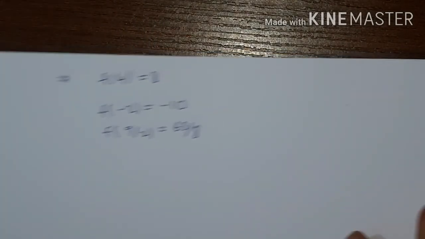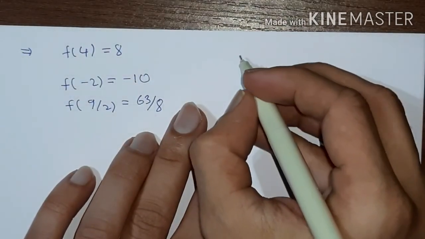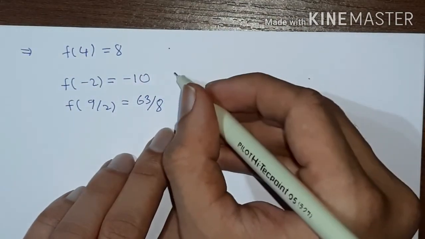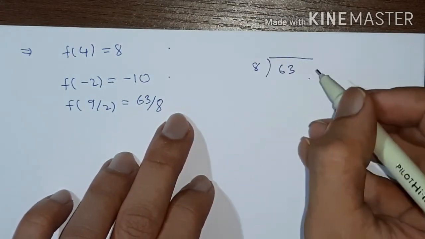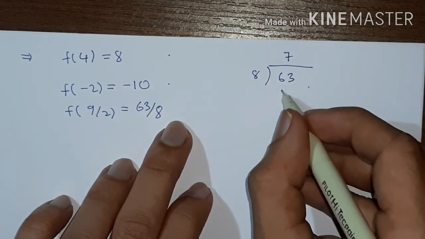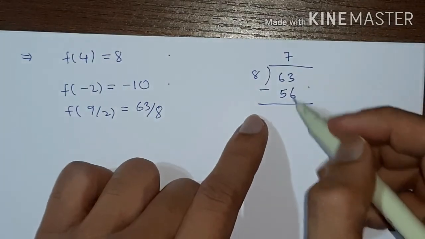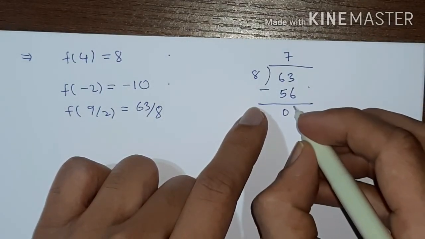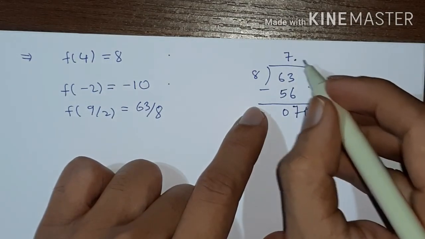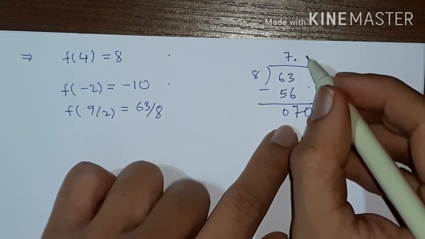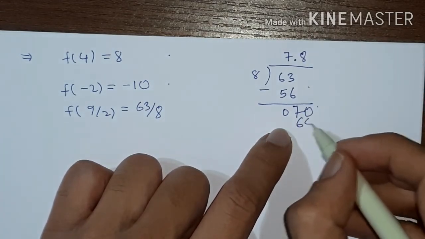Okay, now from this we have to check which is the absolute maximum and which is the absolute minimum. Now for that you know this is 8 minus 10. What is 63 by 8? So let us divide. 8 7s are 56. Okay, now 63 minus 56 is 7. Okay, if you take 70 here, that means point you have to take. Okay, and 8 again, 8 8s are 64.